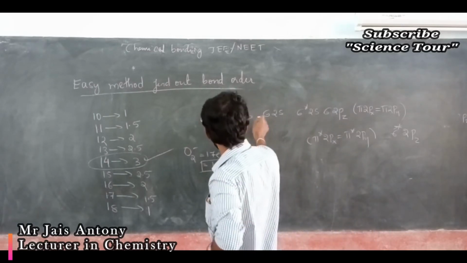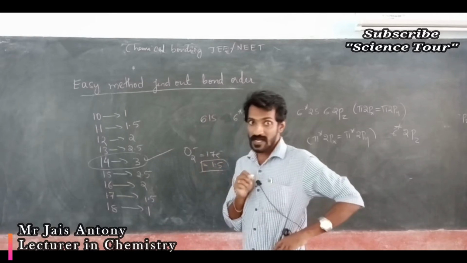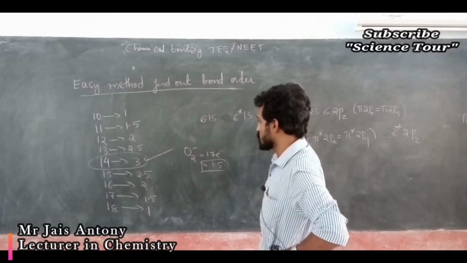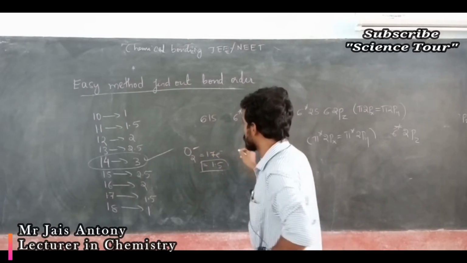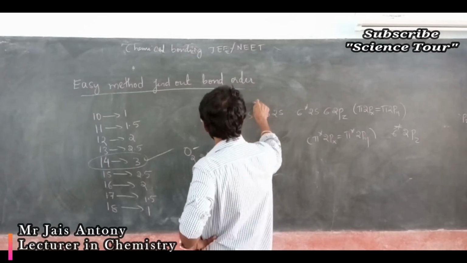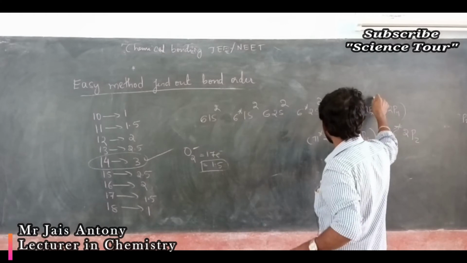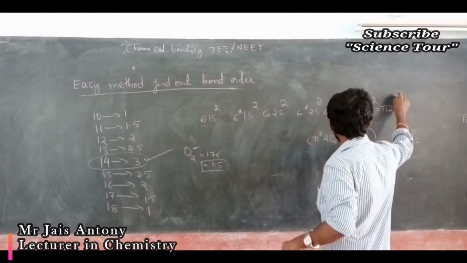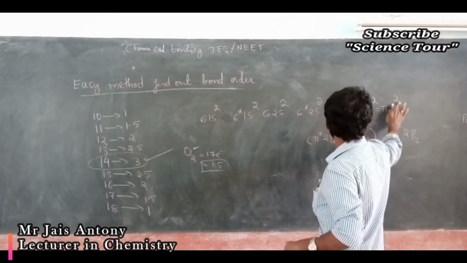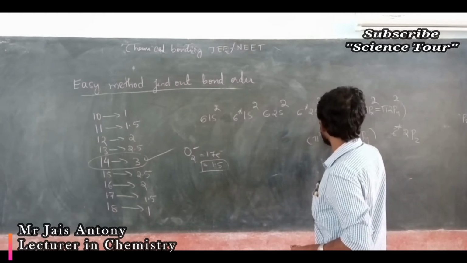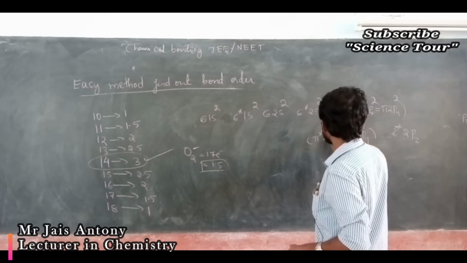This is the oxygen formula. The earlier one was the nitrogen formula; this is the oxygen formula. In this oxygen formula, you substitute 17 electrons: 2, 2, 2, 2, that is 8, then 9, 10, 11, 12, 13, 14, 15, 16, 17.